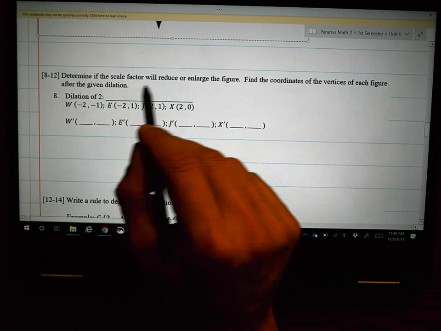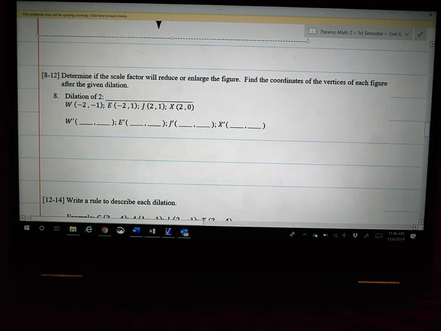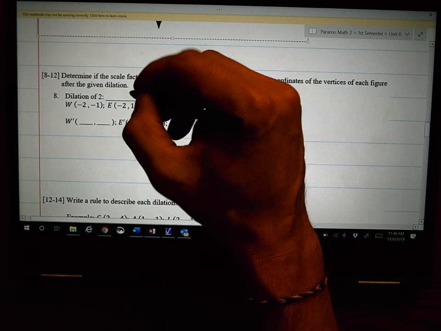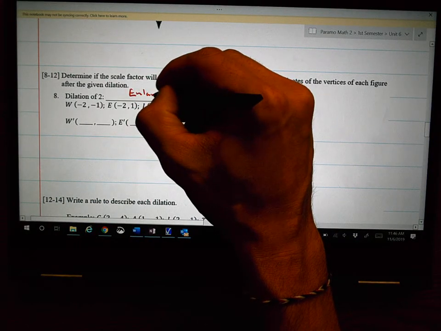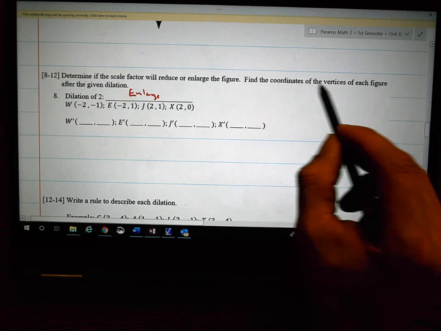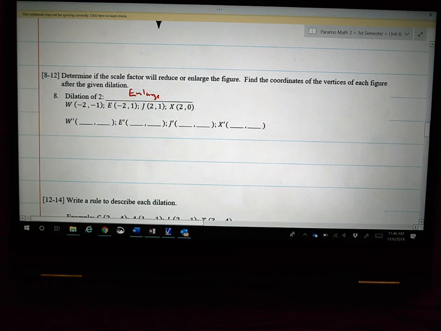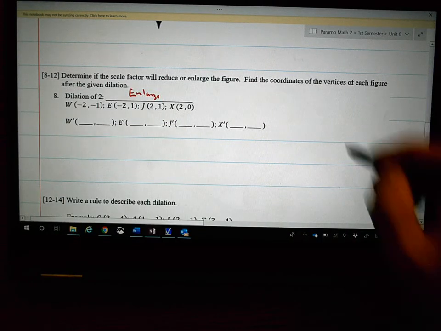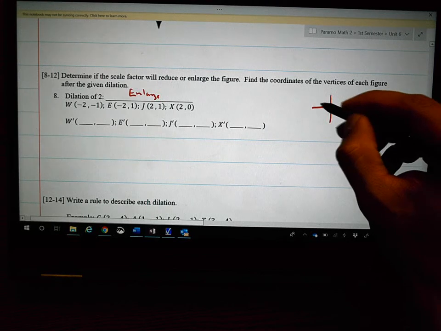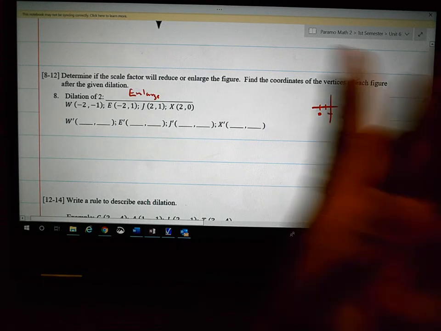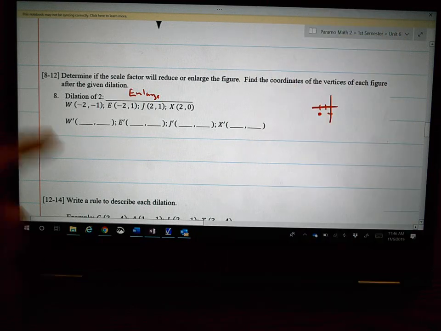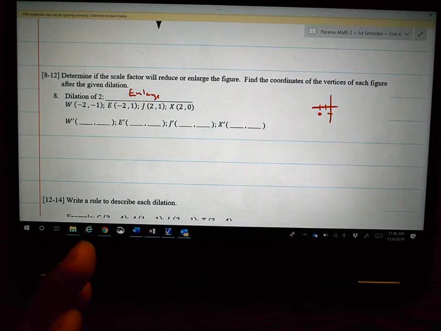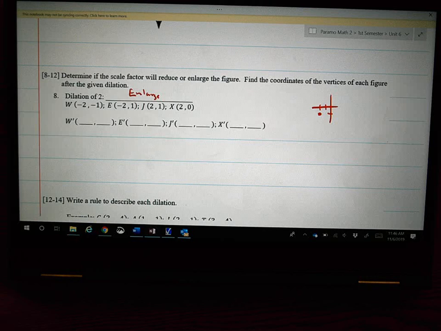Determine if the scale factor will reduce or enlarge the figure. A dilation of 2, does that reduce or does it enlarge? Find the coordinates of the vertices of each figure after the given dilation. If point W is to the left 2 down 1, then horizontally it goes left 2 down 1. If we need to double that, we could find the new point by just multiplying.